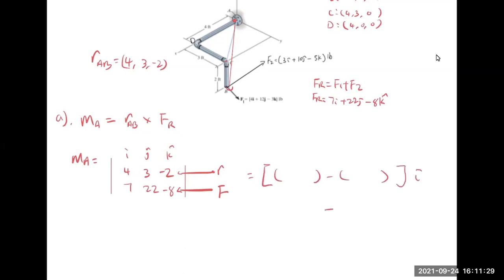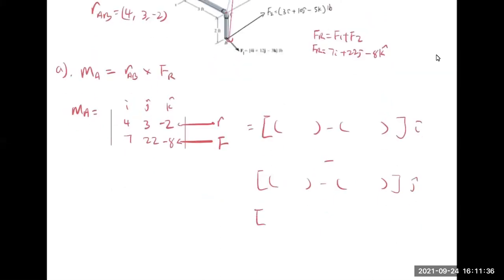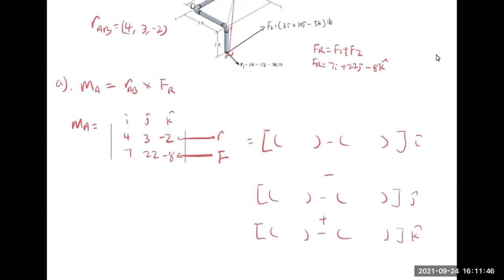For my i, for my j, and for my k. To find out what i is, simply cross out the row where i is, and then cross out the column where i is.